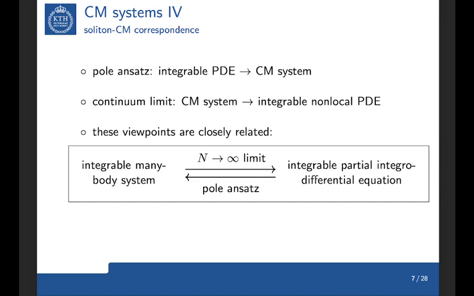But the paradigm is, you start with your CM system, you take the continuum limit, and you generate an integrable PDE. But by inserting an appropriate pole ansatz into that integrable PDE, you can arrive back at the integrable many-body system. Perhaps not exactly the same system, perhaps some complexification has occurred, or there are new constraints on the initial condition. But this paradigm is borne out in all known examples.